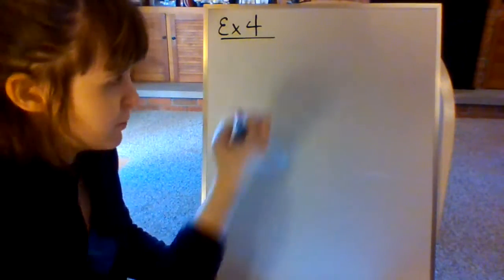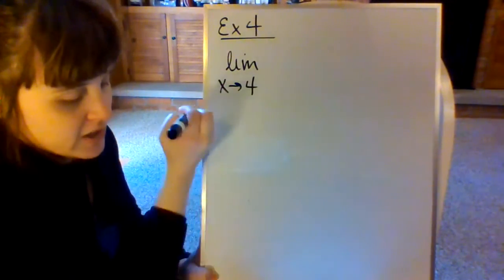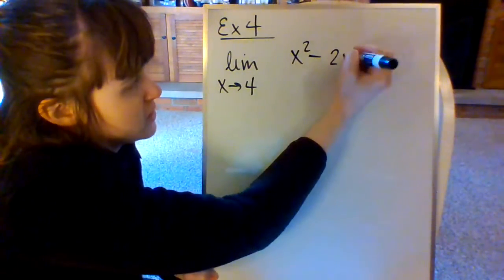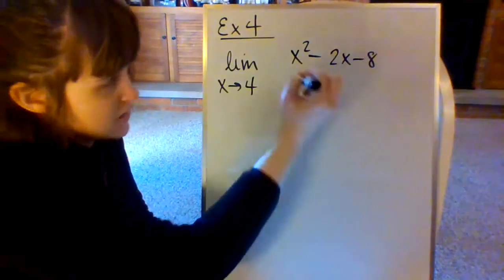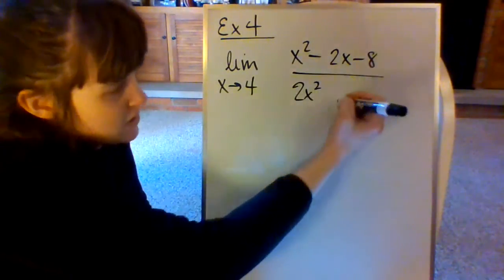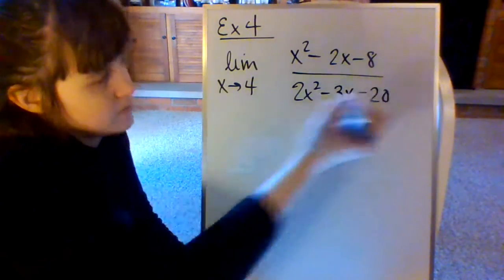Okay, so example 4, we're finding the limit as x approaches 4 of x squared minus 2x minus 8 over 2x squared minus 3x minus 20.